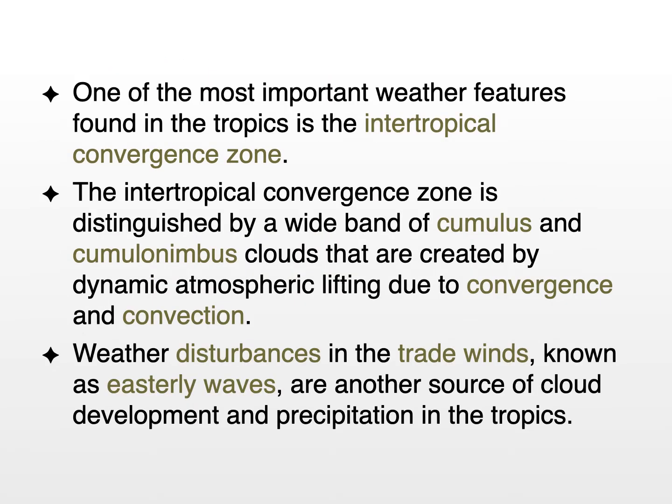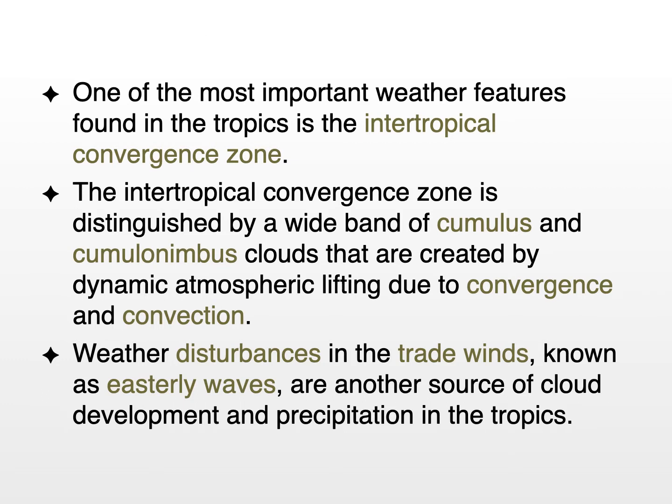So as I said, one of the most important weather features in the tropics is the intertropical convergence zone. It is a wide band of cumulus and cumulonimbus clouds that are created by atmospheric lifting. This lifting is a function of both convergence of the trade winds and heating causing convection.